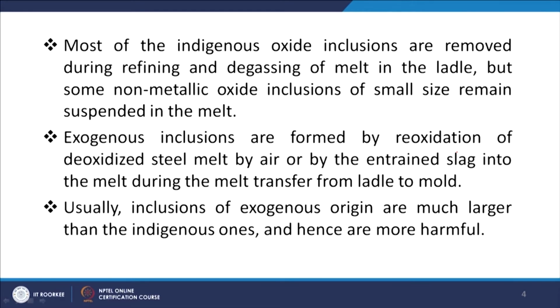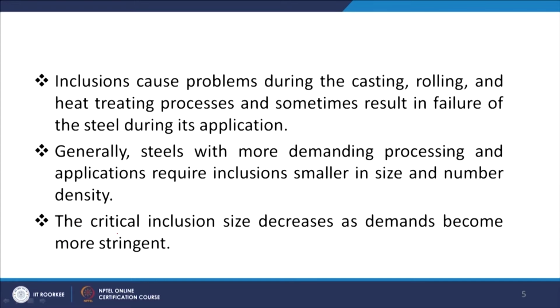These inclusions of exogenous origin, formed because of the reoxidation, are normally much larger than the indigenous ones, and they are very harmful. Larger inclusions are more harmful than the smaller ones.